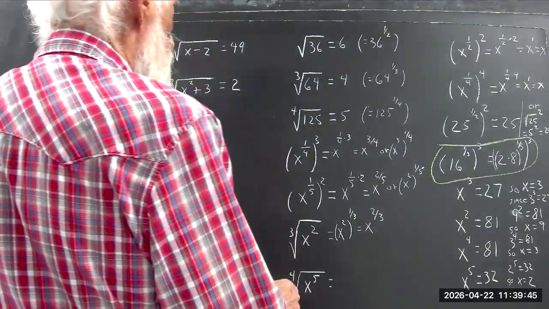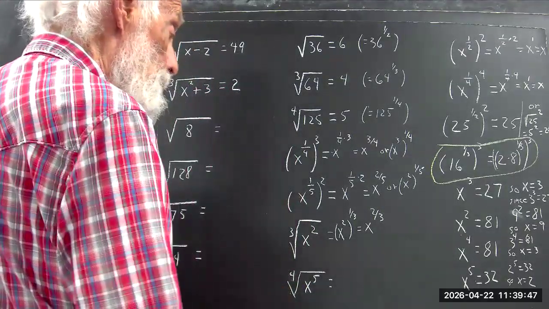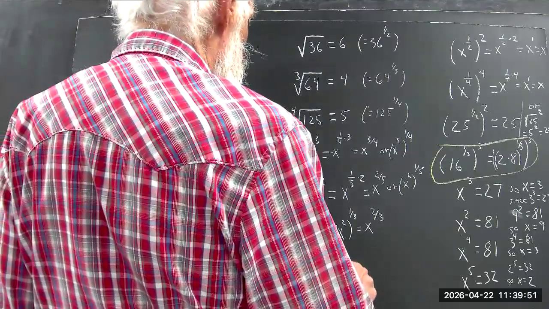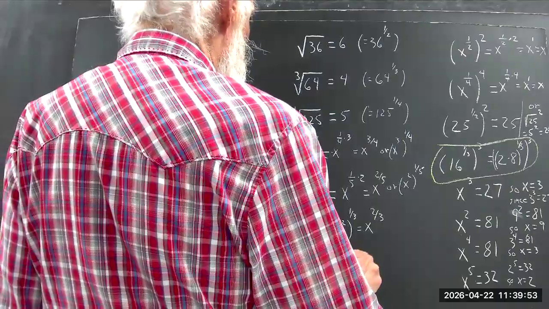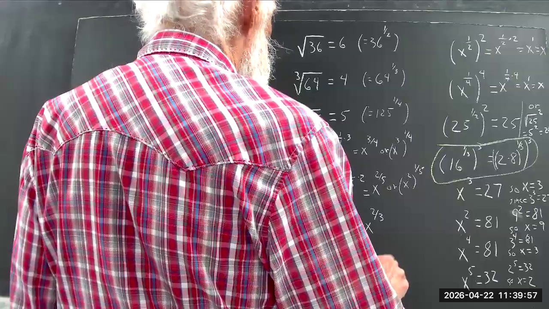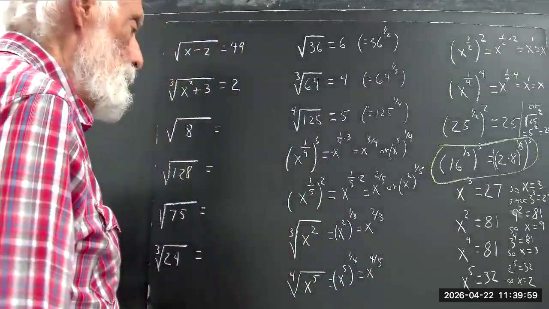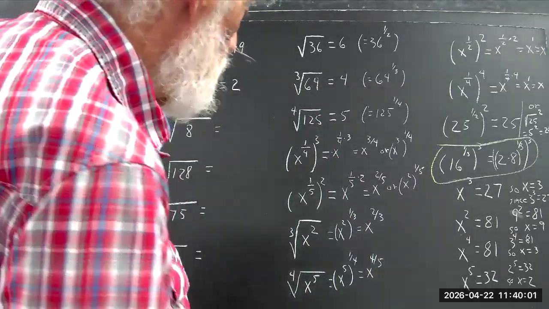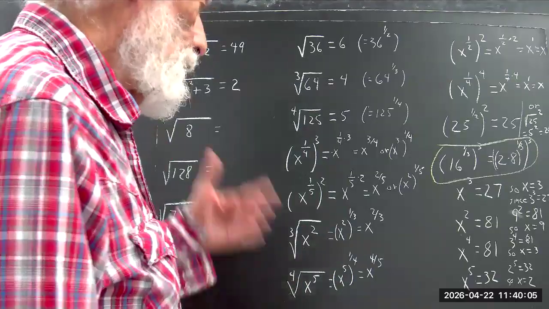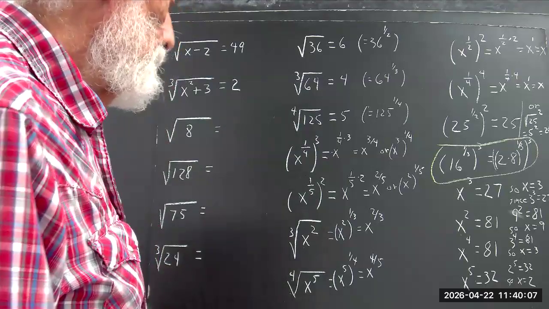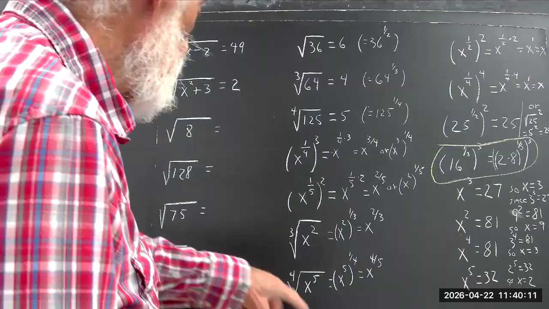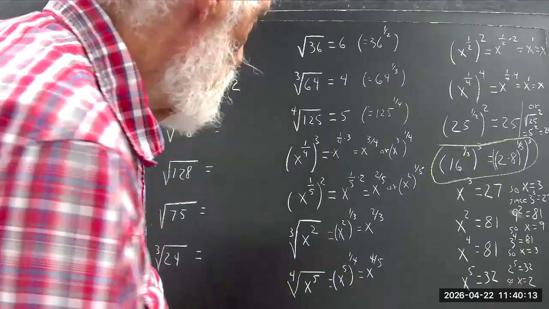Down here, fourth root is the 1/4 power. The 1/4 power of x to the 5th is, well, it's x to the 5th to the 1/4 equals x to the 4/5. Forget what I said. Okay, it's x to the 4/5.